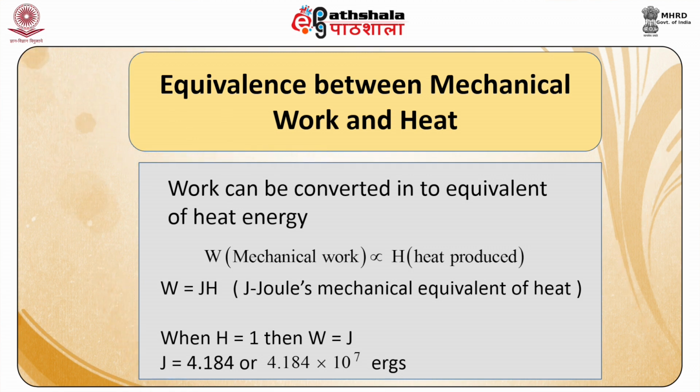When H is equal to 1, then W is equal to J. So J is defined as the amount of work done to produce one calorie of heat and is numerically equal to 4.184 joules, or 4.184 x 10^7 ergs, where 1 calorie is equal to 4.184 joules.